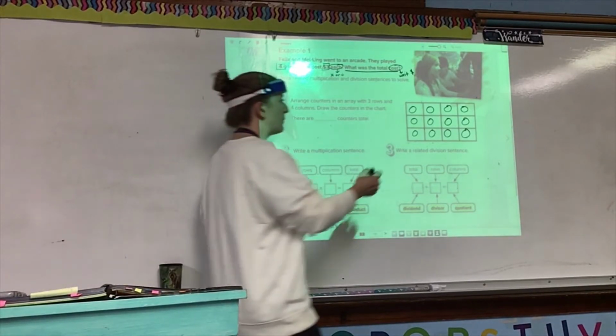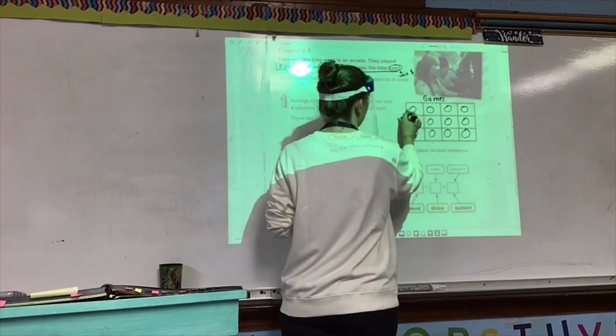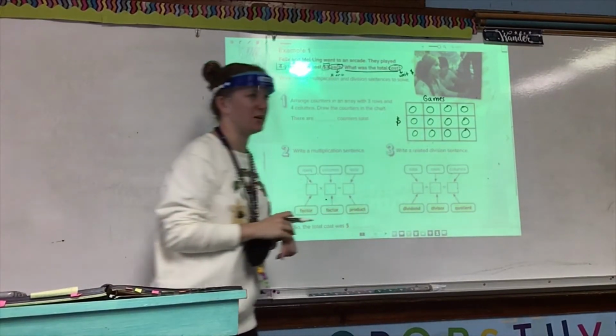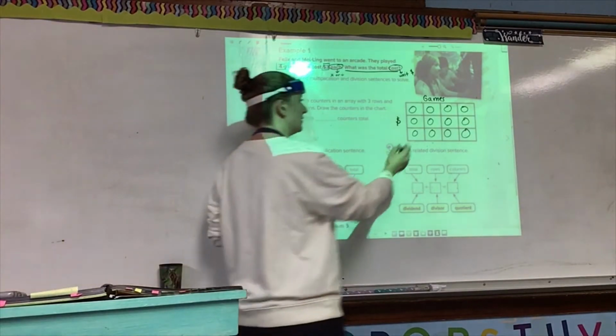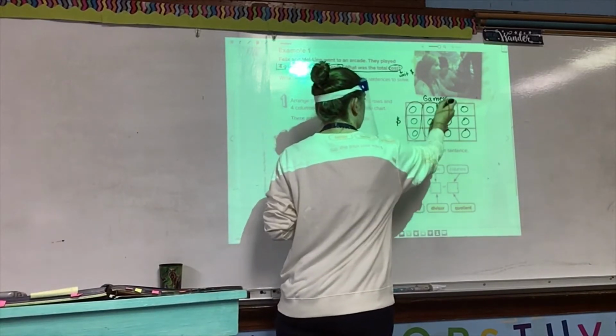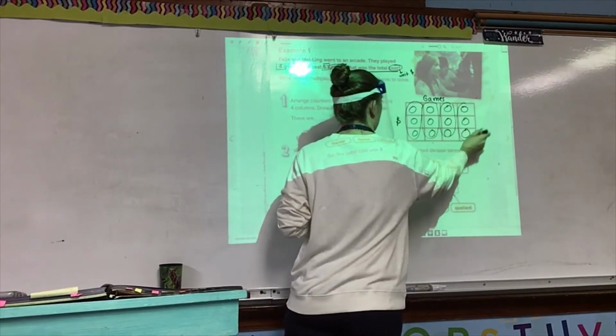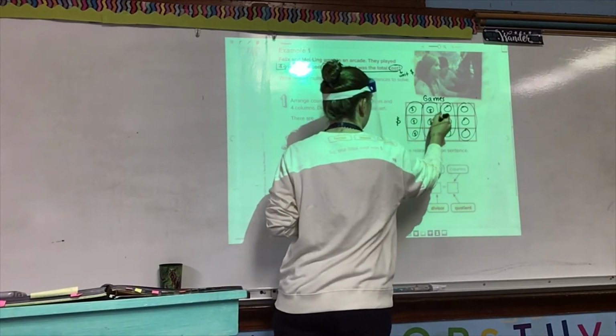The columns represent the number of games, because we know that there were 4 games. The rows represent how much money. So each of these games cost this much. We can imagine that each of these counters is $1.